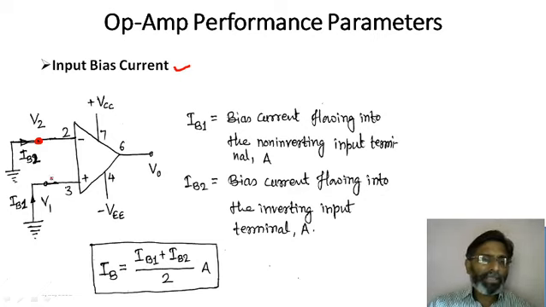So we have seen that. This is the base of the transistor Q1, this is the base of the transistor Q2. Now see, when we are applying the bias supply plus VCC minus VE, at that time some biasing current flows through these two base terminals.